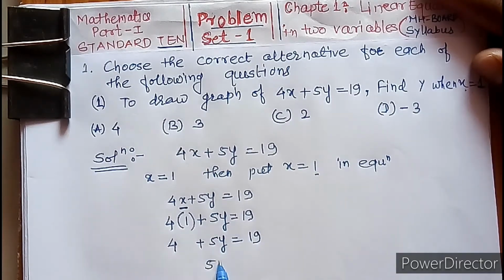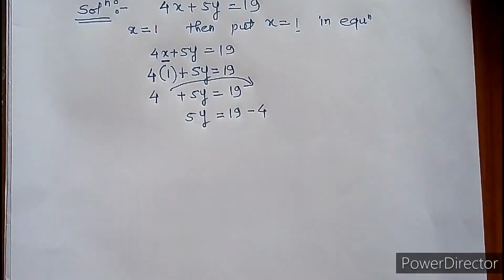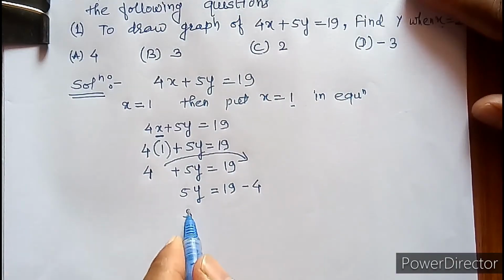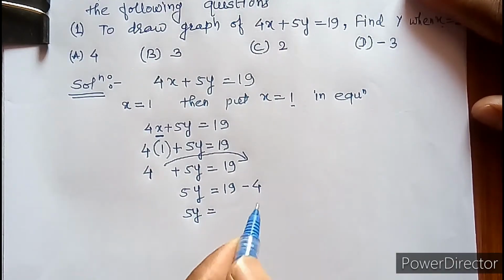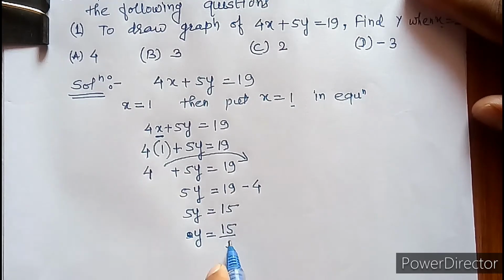Now 5y equals to 19 minus 4. This 4 on changing side and going to right side, it will be minus of 4. Now value of 5y we get is 5y equals to 19 minus 4, that is 15. We get 5y equals to 15. Therefore y will be equals to 15 divided by 5.